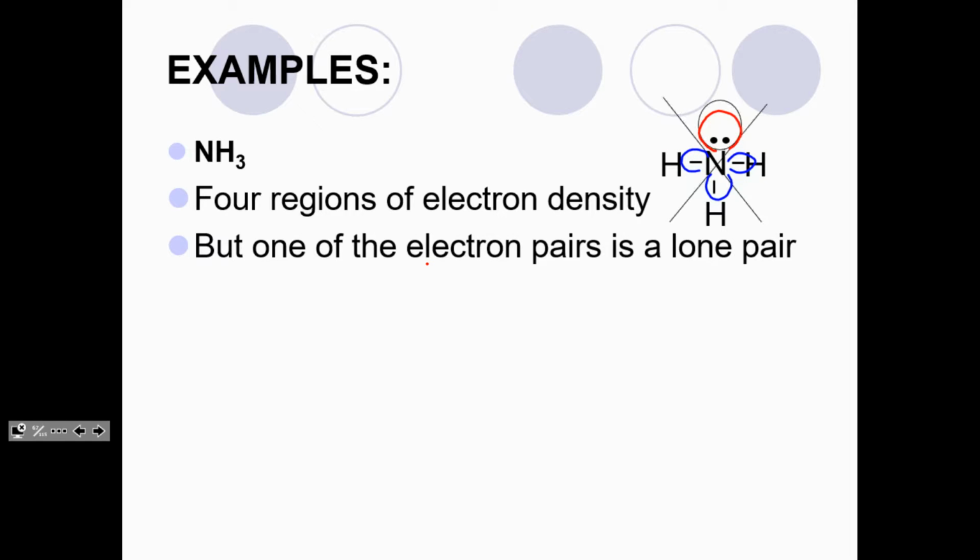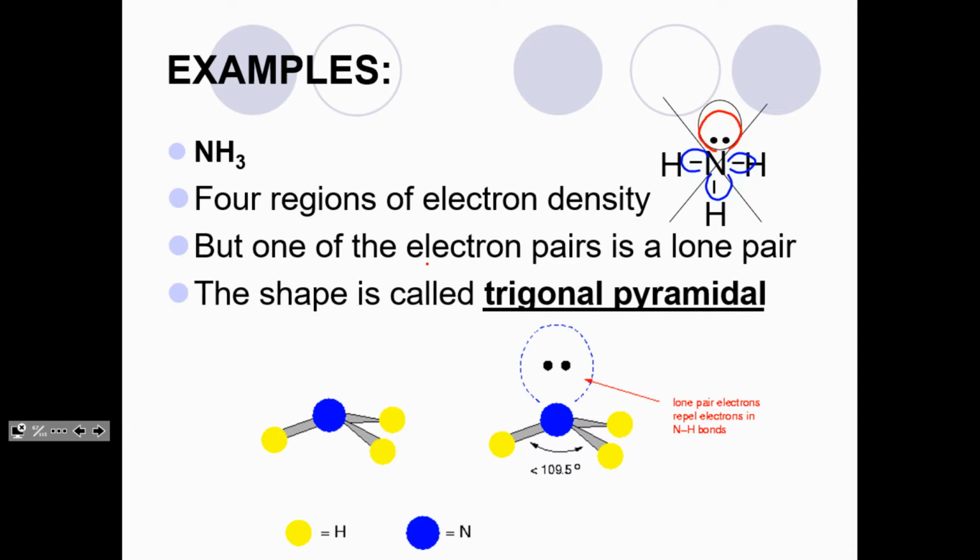One of them's a lone pair, and so we have a specific name for this shape too. This shape is called trigonal pyramidal. Some people call it triangular pyramidal. The lone pair takes what would have been a trigonal planar shape and it bends it down into a pyramid. A triangular pyramid, to be specific.